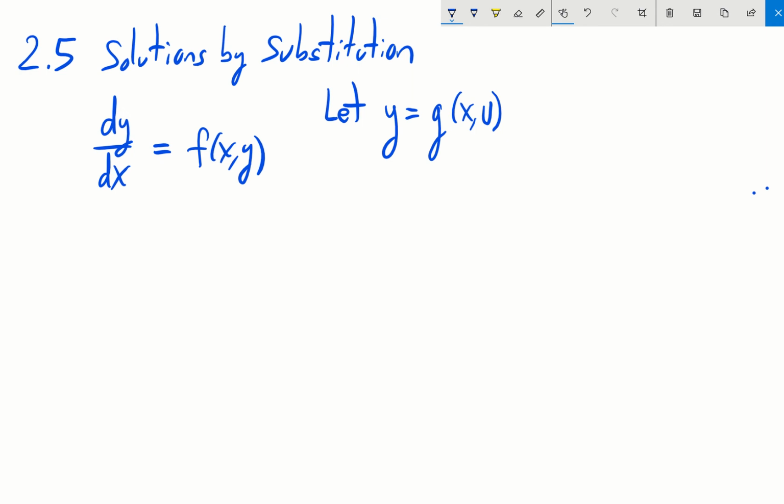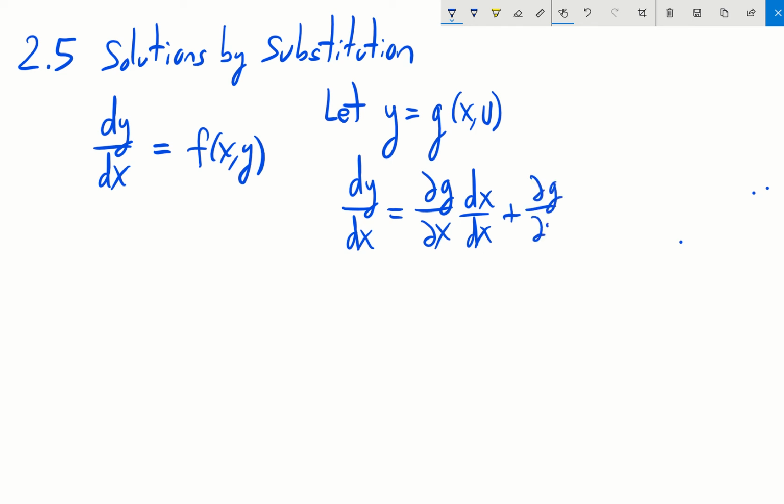We can calculate dy dx using the chain rule in three variables. Dy dx would be the partial derivative of g with respect to x times the derivative of x with respect to x plus the partial derivative of g with respect to the second variable u times du dx.